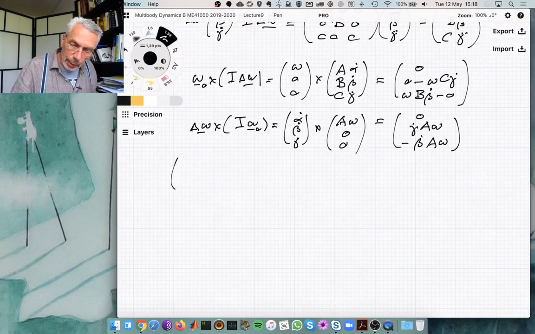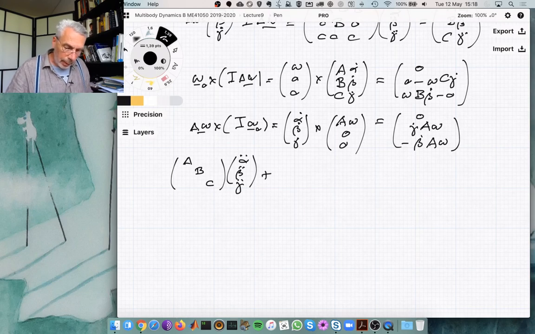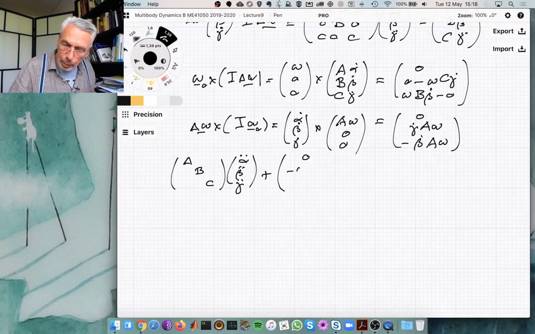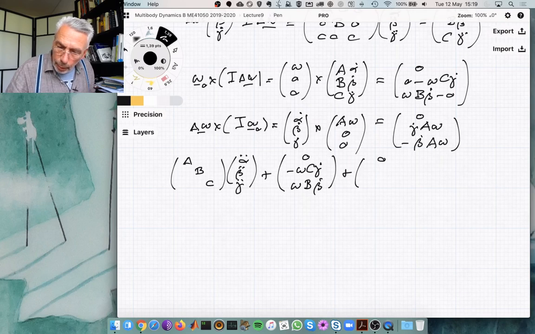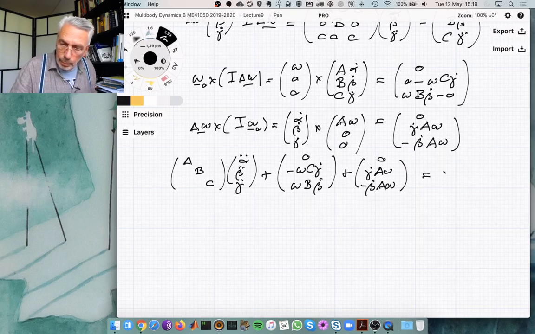Well, we get A, B, C times alpha double dot, beta double dot, gamma double dot, plus the other terms, the first one being above 0 minus omega C gamma dot, and then plus omega B beta dot, and then the other term is 0, gamma dot A omega minus beta dot A omega, and that all should be 0.